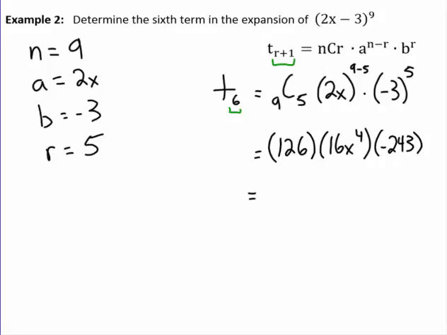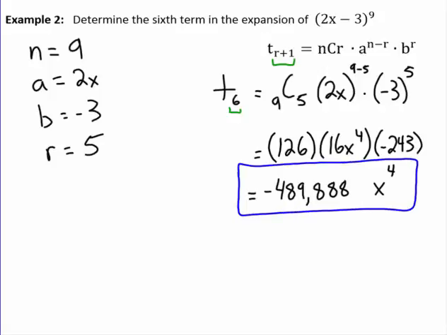Well, now that we've expanded each of the numbers, just multiply them all together, and we know we're going to be left with an x to the 4 and a really big coefficient, which is negative 489,888. A much, much quicker way to find a specific term in the expansion. And we're going to do more examples using this term equation and applying it in different situations in class.